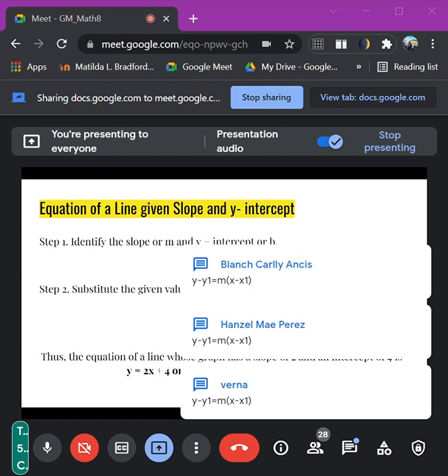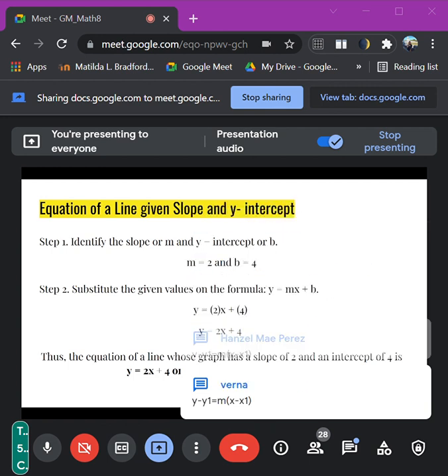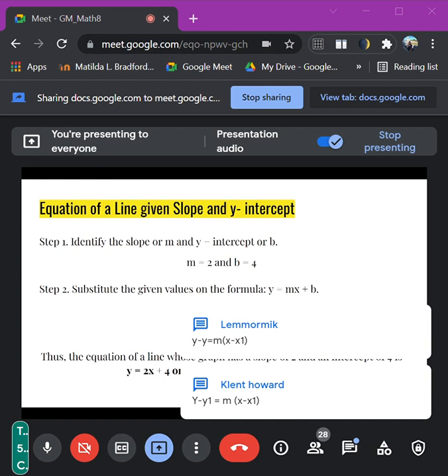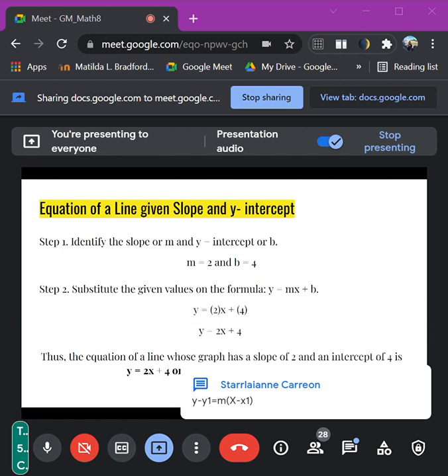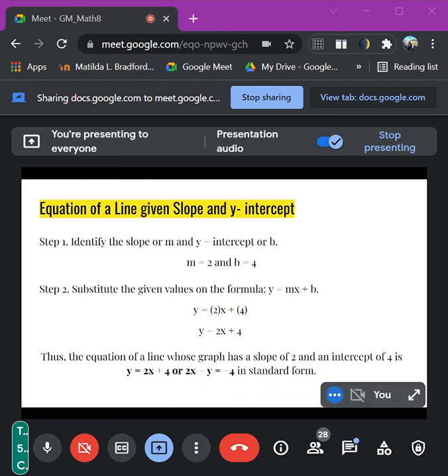Okay, good job. You can take note of these in your notebook or anything you write for each lesson, so that when we have a test or periodical, it will be easy to identify. Okay?